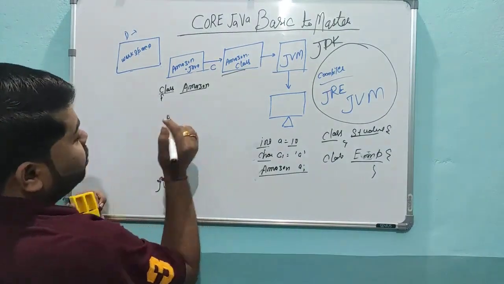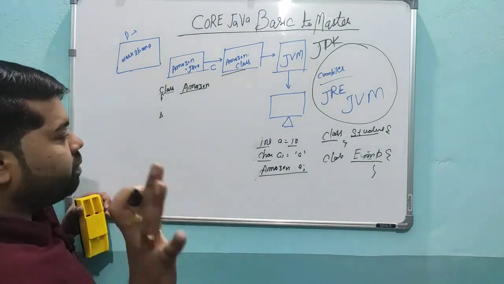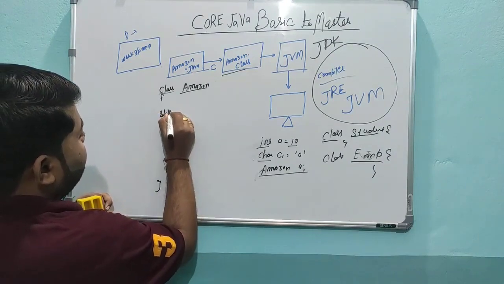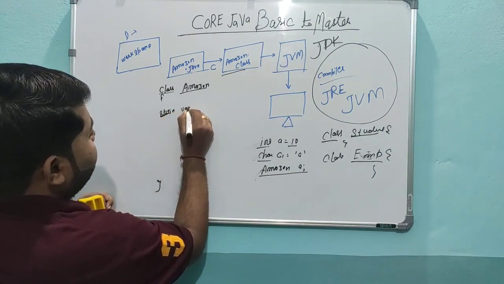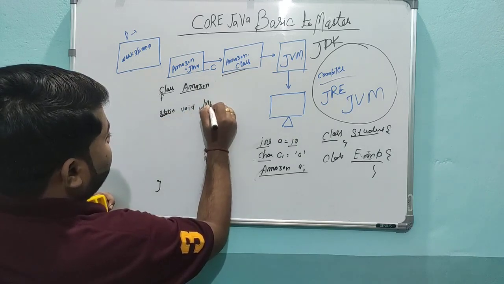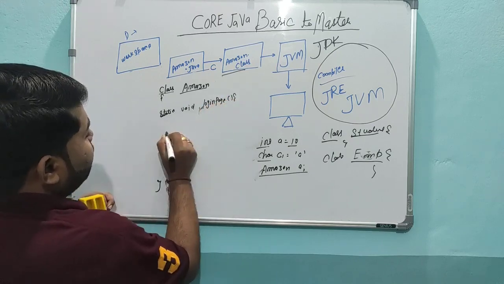So I'm just going to create one method. If you don't know what a method is, later we can discuss. A static void m1, or I'm just writing login page. This is the user defined method.